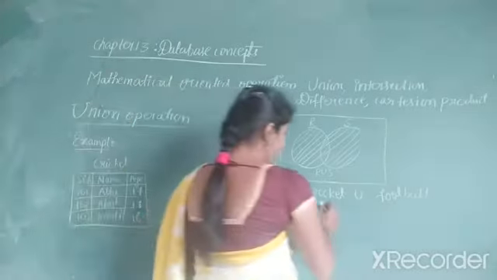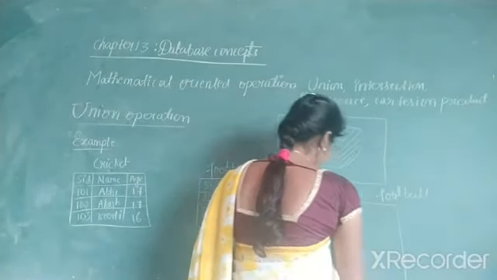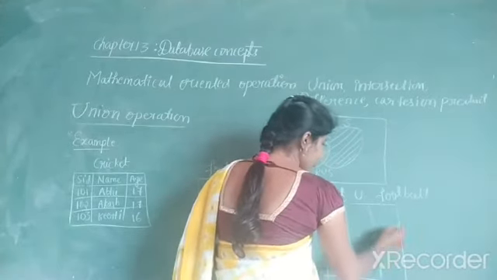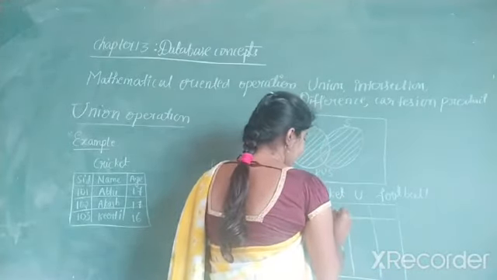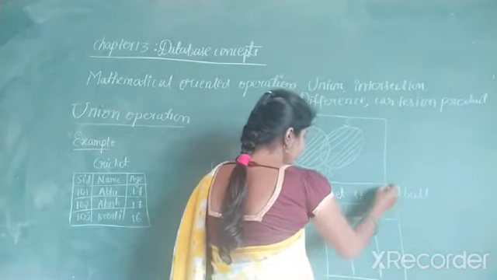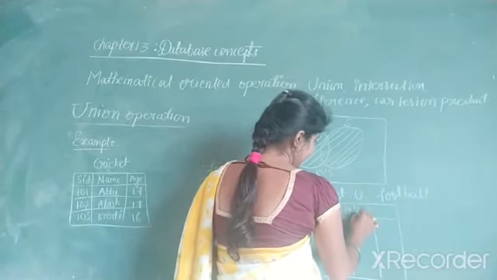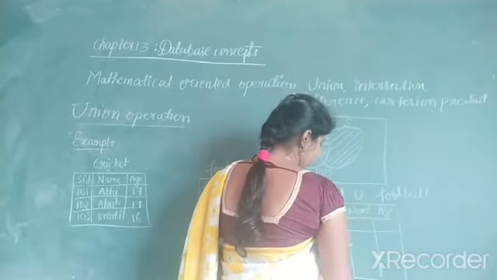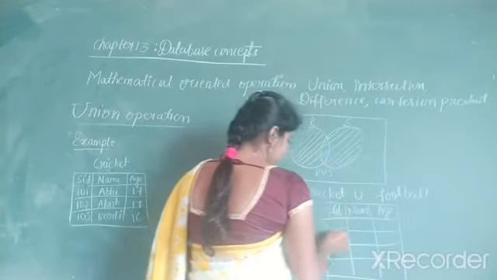So union operation means cricket union football: the combination of all the tuples present in the cricket table and all the tuples present in the football table, that is SID, name and age. First we will observe the cricket table.